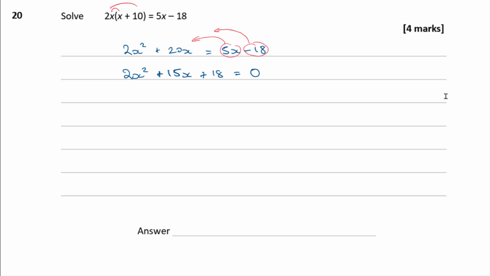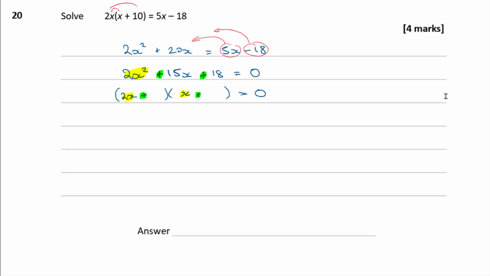Now, hopefully, I can factorise it because that will make my life a lot easier. So, can I factorise it? Well, I've got 2x squared at the front, and that means I'm going to have 2x and x in my brackets then, aren't I? 2x and x. Now, you'll notice that everything is positive, plus, plus. So that means everything is positive in my brackets, plus, plus.